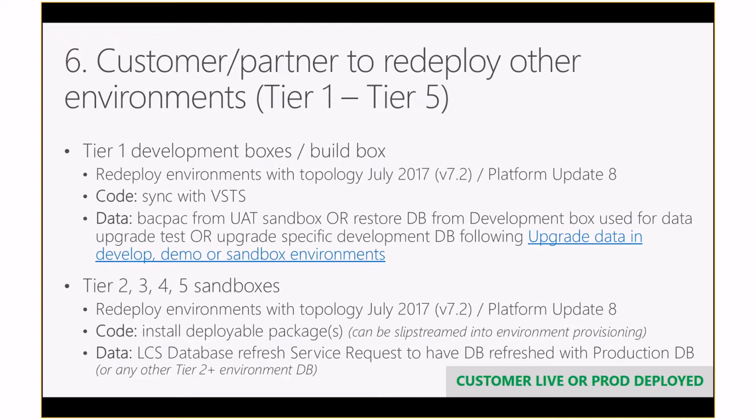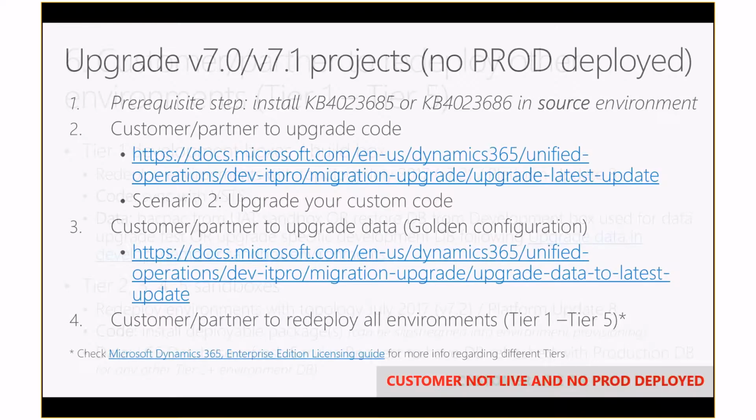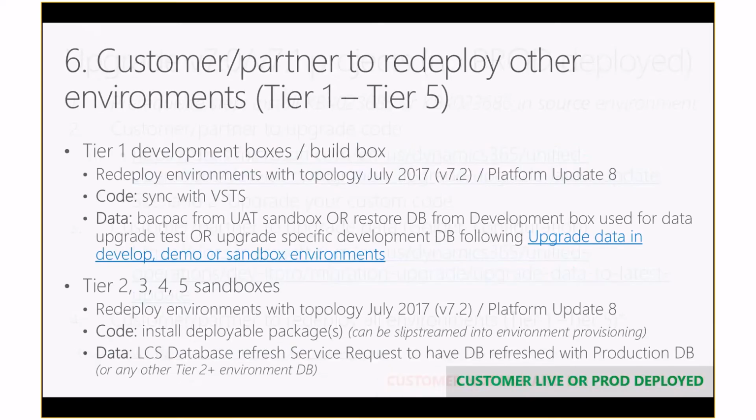Any questions, Jeff? Yeah, so I think there are a few questions I want to share with all the attendees. The first one is whether they can perform the data upgrade validation in the tier 2 sandbox. It's doable, but we recommend you run the data upgrade validation in the tier 1 or one box environment.